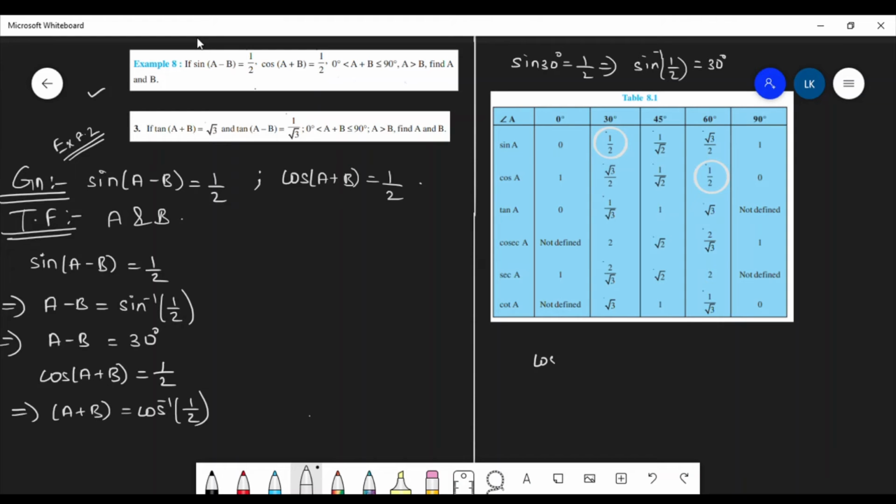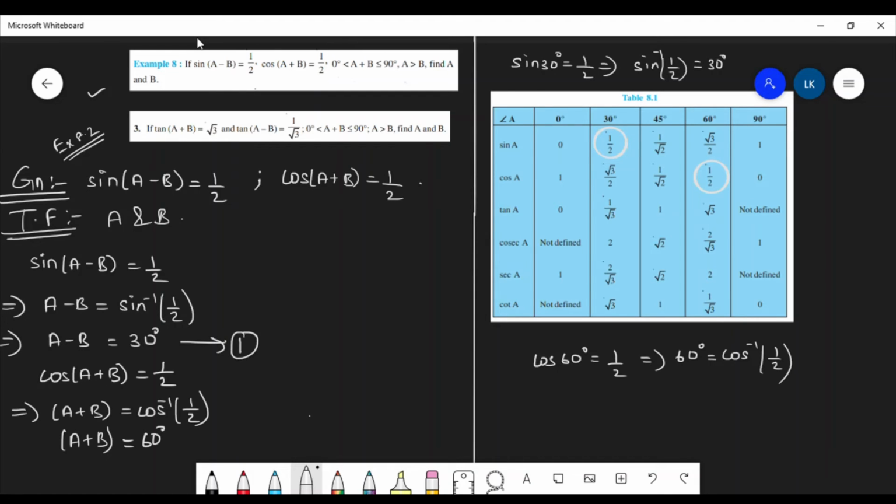Therefore, cos 60 degrees is equal to 1 by 2, which implies 60 degrees is equal to cos inverse of 1 by 2. Now substitute cos inverse of 1 by 2 as 60 degrees in the given sum. Therefore, A plus B is equal to 60 degrees.